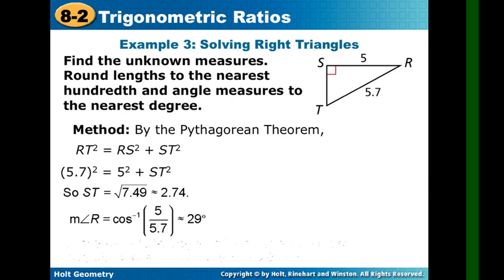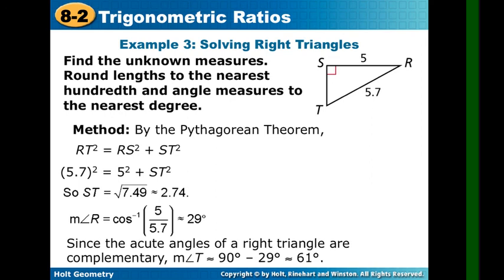degrees. So since the acute angles of the right triangle are complementary, the measurement of t, so this one, complementary nga naman, no? Mean to say forming 90 degrees. If this one is 29 degrees, ano ang measurement ni t? That's 61 degrees. Paano ko nalaman na complementary siya?